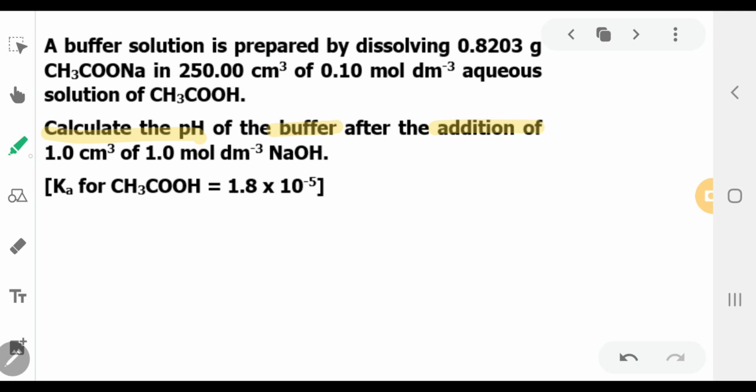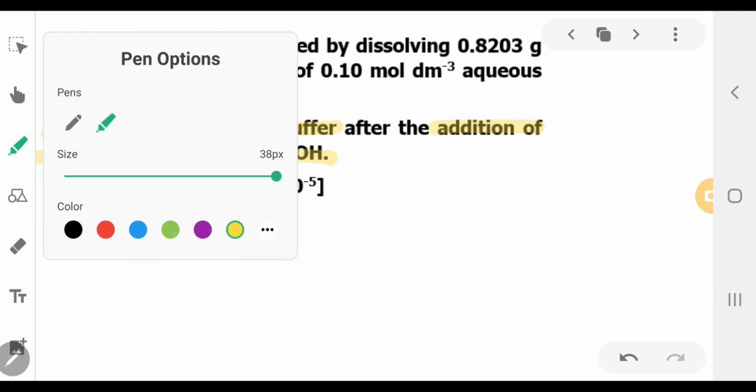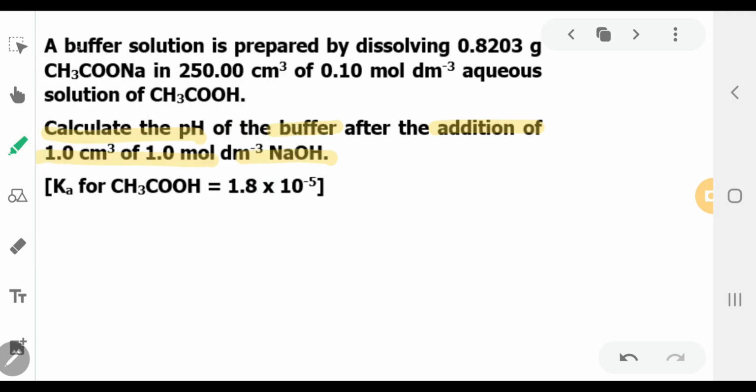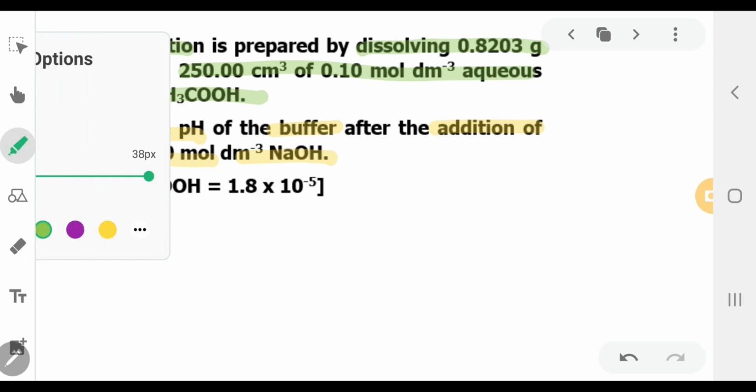This time, the addition of this much sodium hydroxide. The question gives the buffer solution. You dissolve the solid salt in the aqueous solution of weak acid. So the situation will be the same.